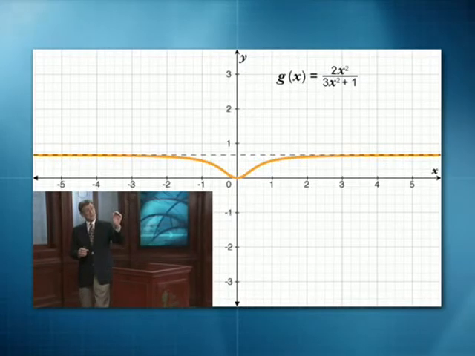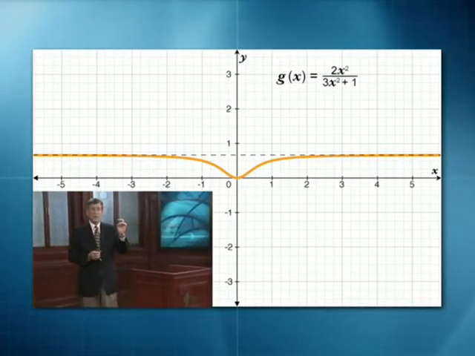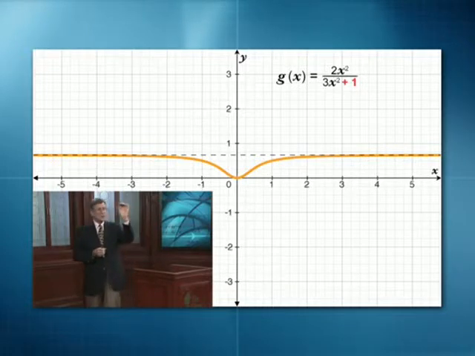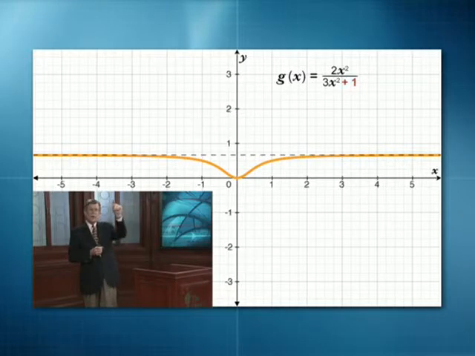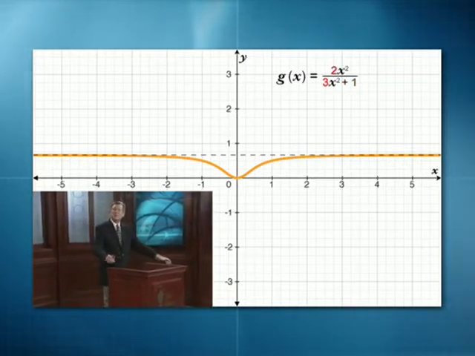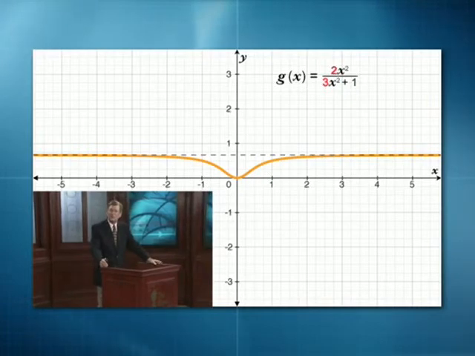Well, do the same informal argument. The numerator is 2x squared, the denominator is 3x squared, and when x is large, you can ignore that plus 1. And it's something x squared divided by something else x squared. The leading coefficients, 2/3, determine that horizontal asymptote.